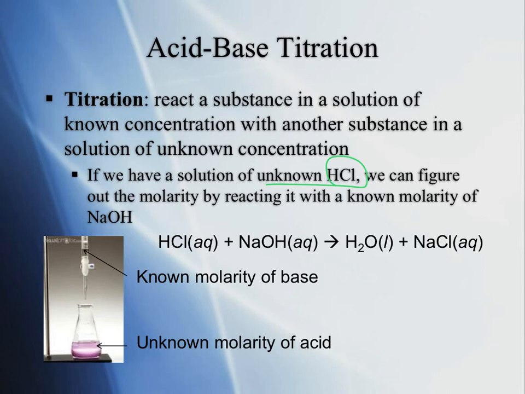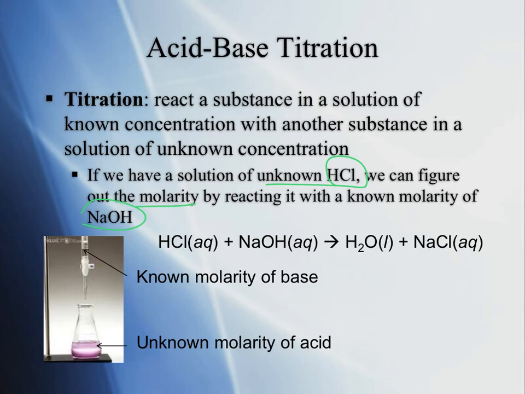We can figure it out if we know the molarity, or the concentration, of a base like NaOH. If we know that molarity, we can use that in order to figure out the molarity of the unknown HCl.